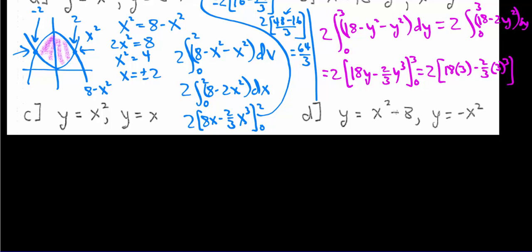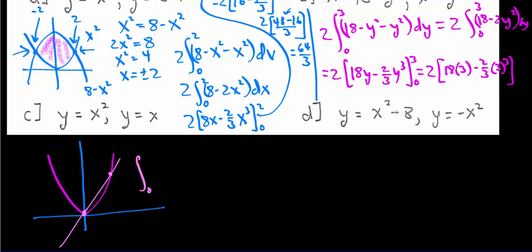Okay, now we got this one. We've got the x squared, and then we've got x, like this. Now this is going to intersect at 0 and 1.